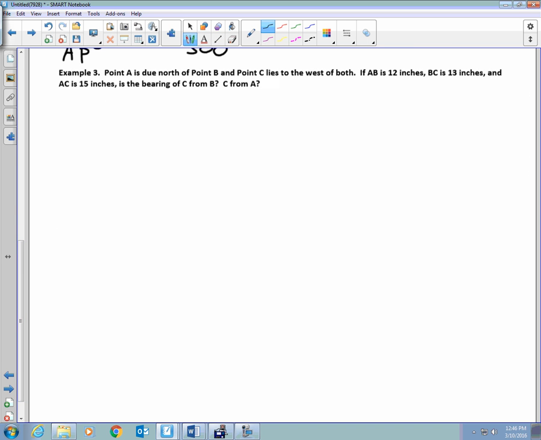Okay, in example 3. This is what we'll get through today, and then tomorrow we'll finish stuff up, and you'll have a little bit of time to ask some questions. I really, really want you guys to try to help me out with this problem right here. Try to help me out with the drawing. It says point A is due north of point B, and point C lies to the west of both. What?